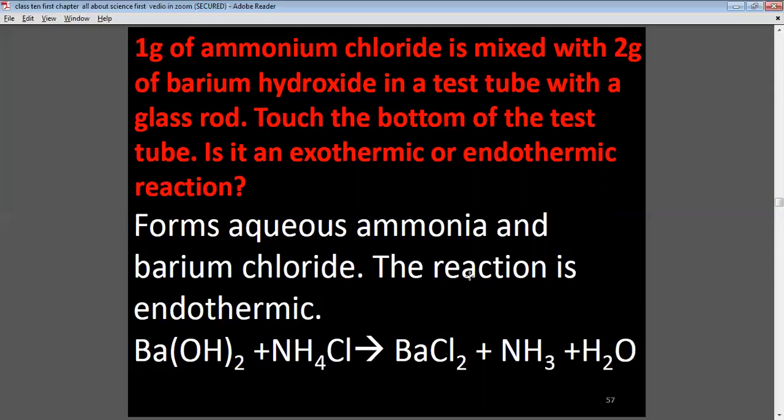Barium hydroxide reacts with ammonium chloride to give barium chloride plus NH3 plus water. The barium hydroxide formula is Ba(OH)2. Ammonium chloride is NH4Cl. Both positive and negative charges are present in both compounds, and they undergo reaction. There is a formation of BaCl2 plus ammonia plus water.